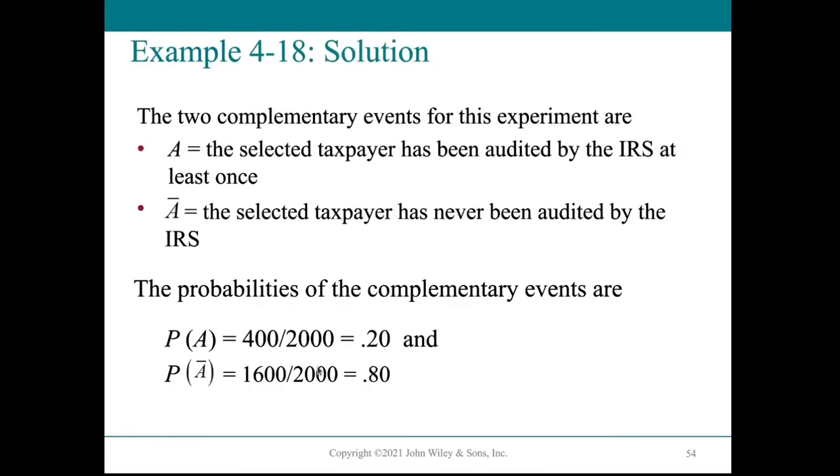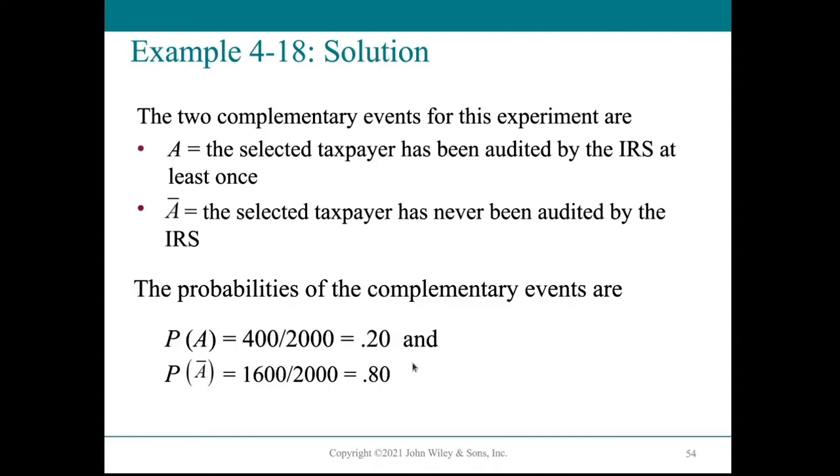So here, of course, the probability of A, which is audited by the IRS at least once, is 400 over the total number of taxpayers, which is 0.2. Now, how do we calculate the A complement? The A complement corresponds to all other outcomes aside from A. You have 2,000 respondents; subtract the 400 respondents that are included in A, and that is the A complement, which is 1,600.